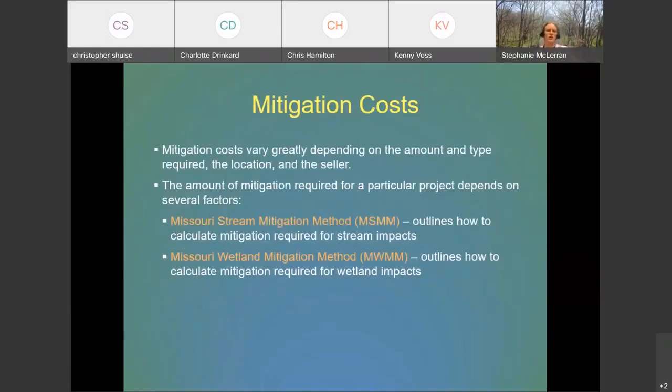Mitigation costs can vary greatly depending on the amount and type of mitigation required. There are two methods that are used to calculate mitigation requirements: the Missouri Stream Mitigation Method for stream impacts, and the Missouri Wetland Mitigation Method for wetland impacts.